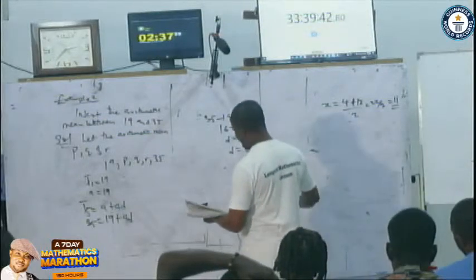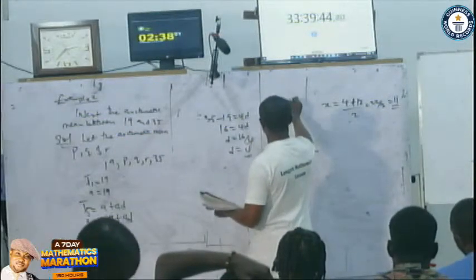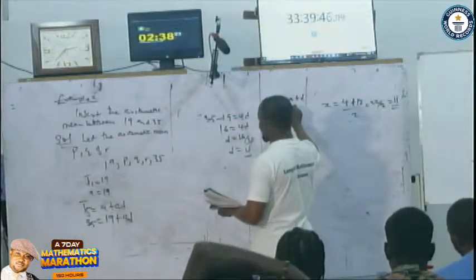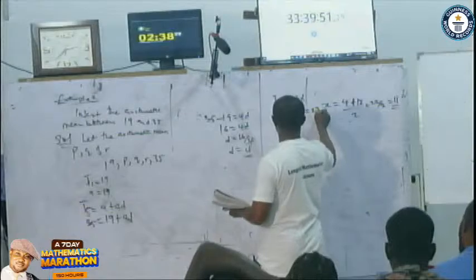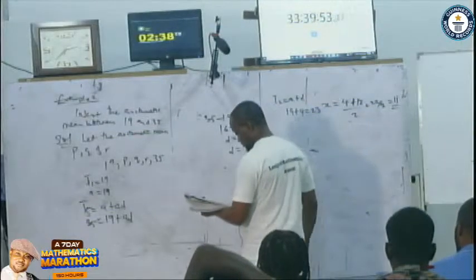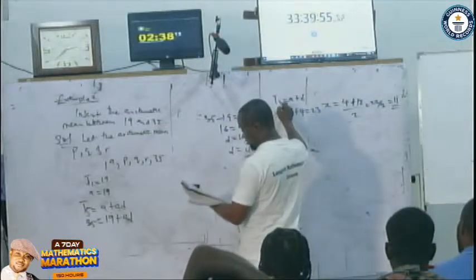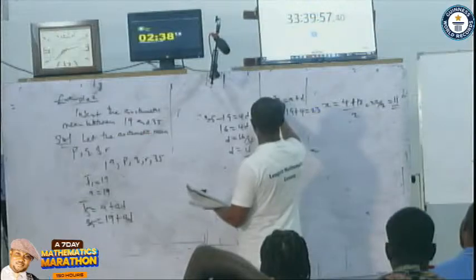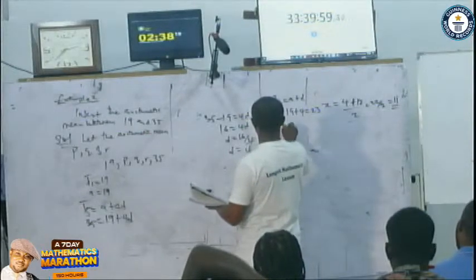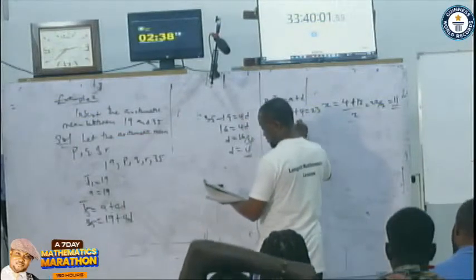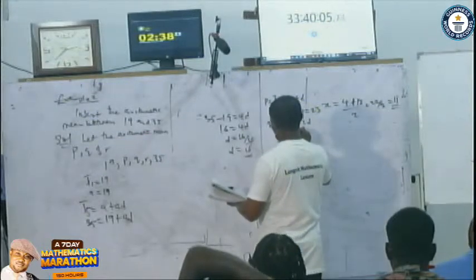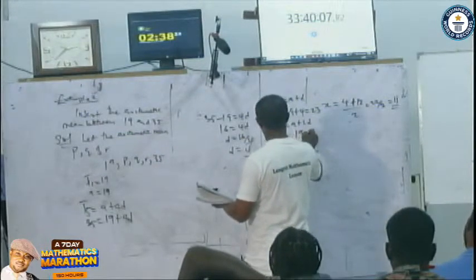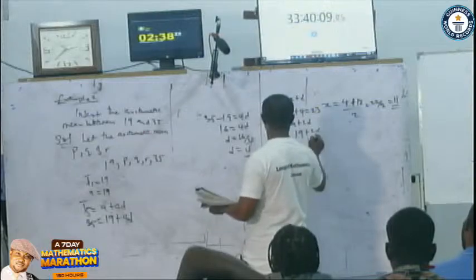When I get D, I can now get the other terms respectively. My T2 equals A plus D, and we got our A to be 19 and D is 4, so that will be 23. T2 is P. Q equals T3, which will be A plus 2D. My A is 19, plus 2 times the common difference 4.